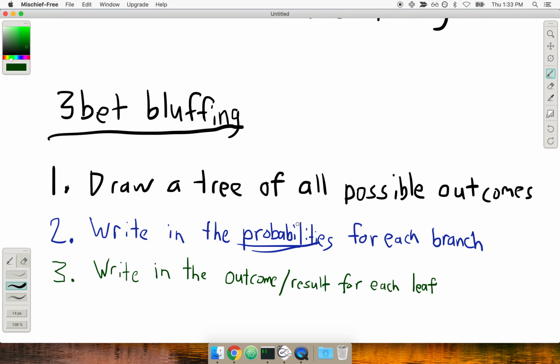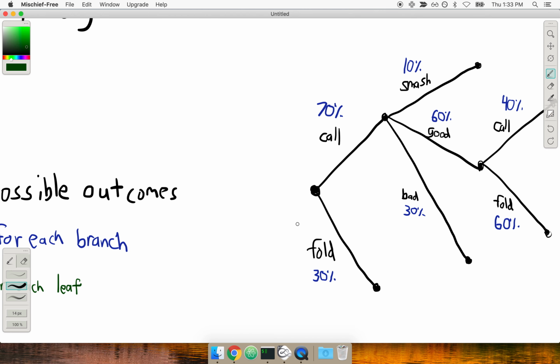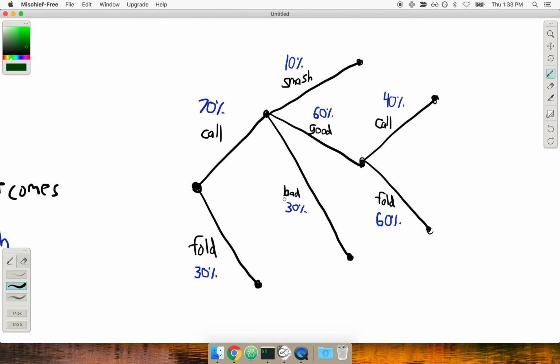And again, I'll show you what I mean by that. So let's say we 3-bet pre-flop and get called. This isn't a leaf node because the hand still progresses from this point. But if we 3-bet and get an immediate fold, the hand is over. So this is considered a leaf node. Just like on a tree, you have branches.